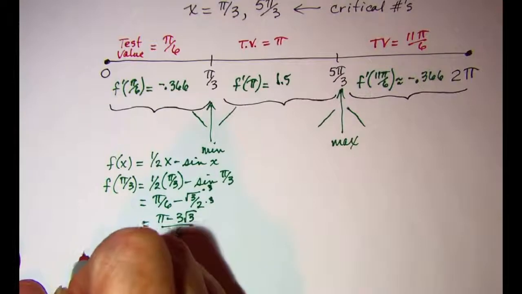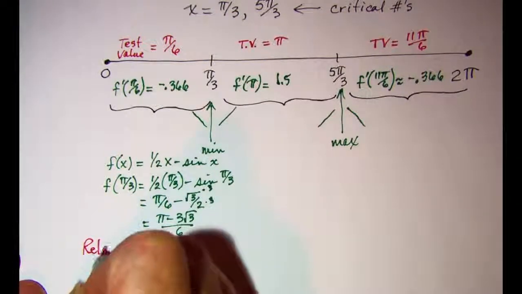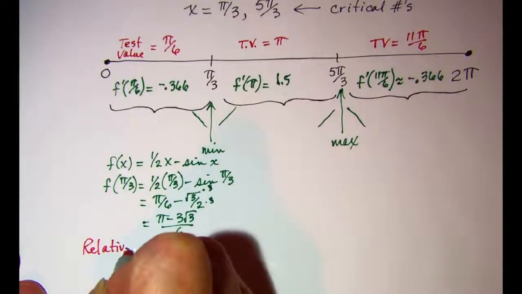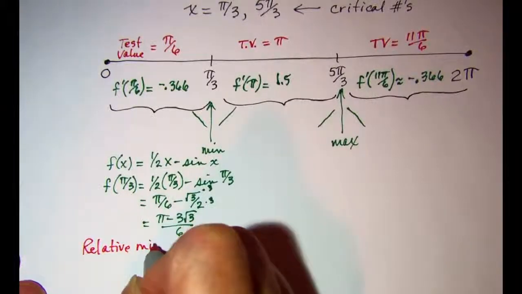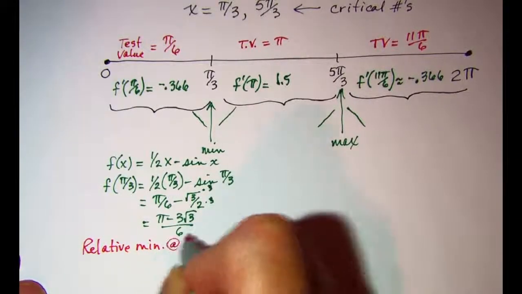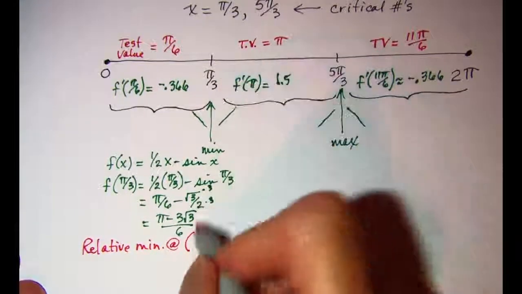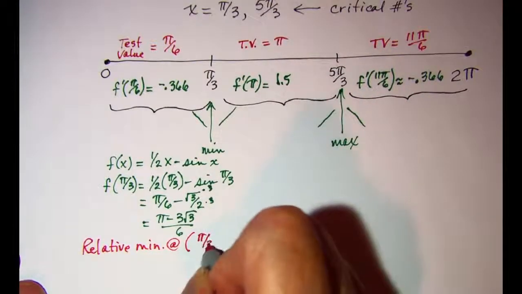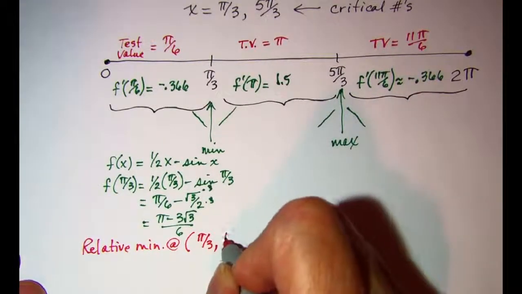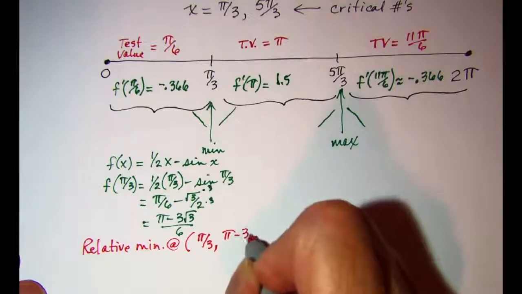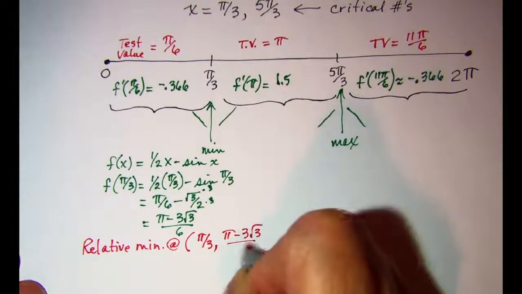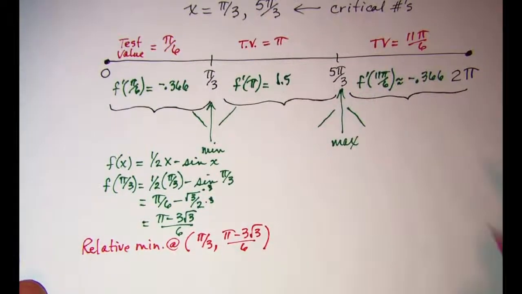I have a relative minimum at pi over 3, (pi minus 3 root 3) over 6.